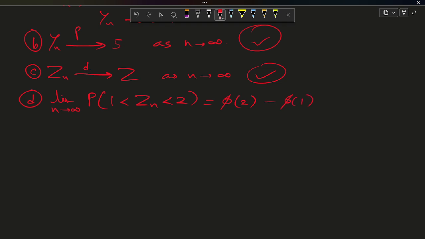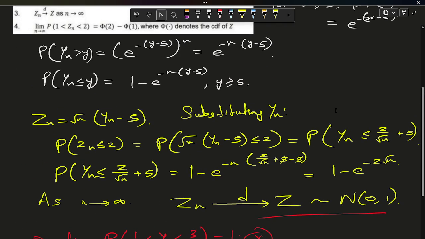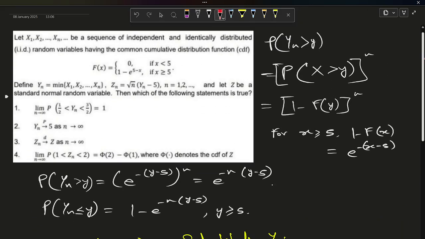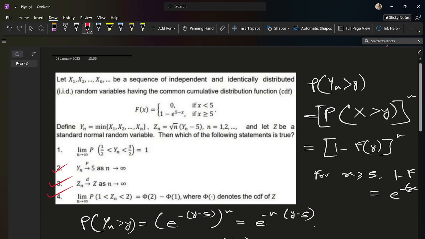This is true by the convergence of the distribution of Zn to Z. The probability converges to the difference of the cumulative distribution function of the standard normal. So this is also true. The correct answers of this question are B, C and D. Hope you understood, guys.